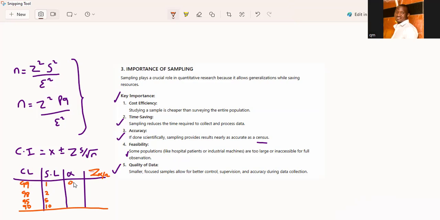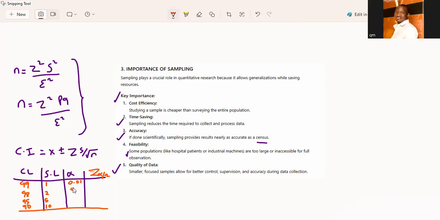So here you have 0.01. Can you help me for 98%? What is the alpha? 0.02.